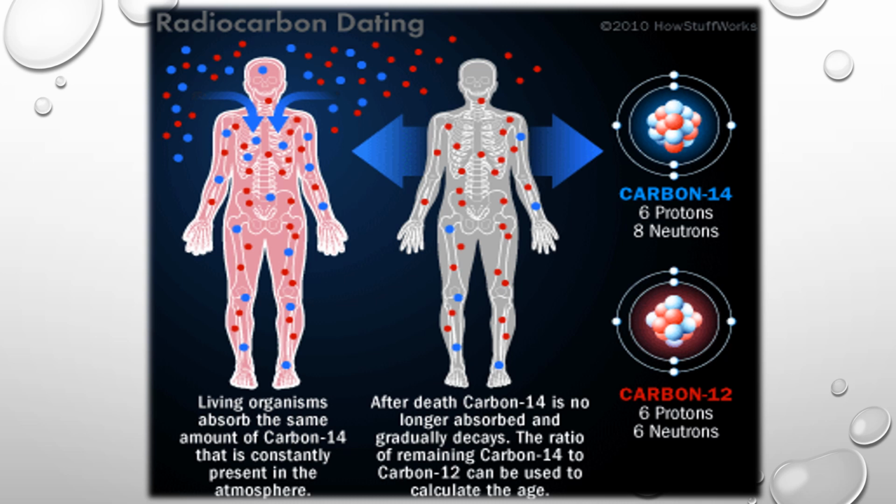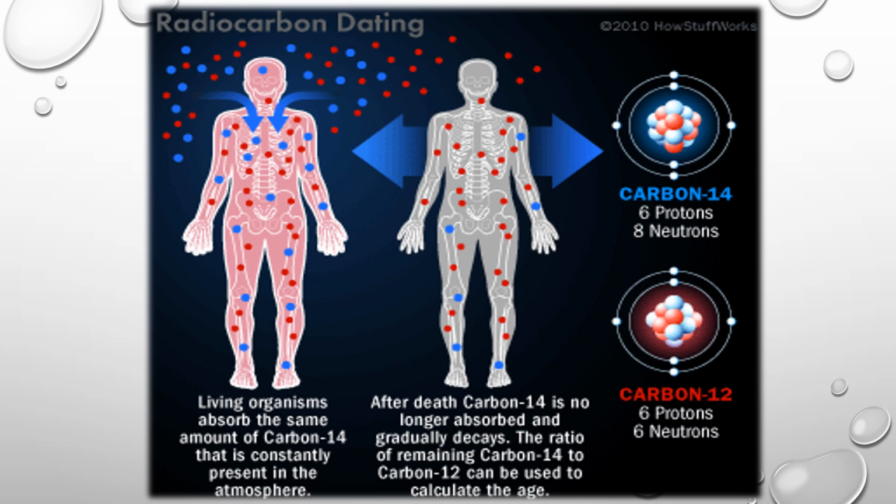However, when a living organism dies, this carbon 14 is not taken into the body anymore. So what is happening? Because carbon 14 is not taken in, the ratio of C12 and C14 starts changing, and C14 starts decaying in the body.